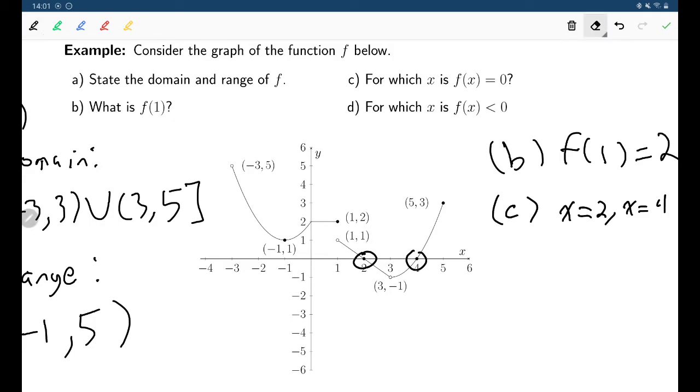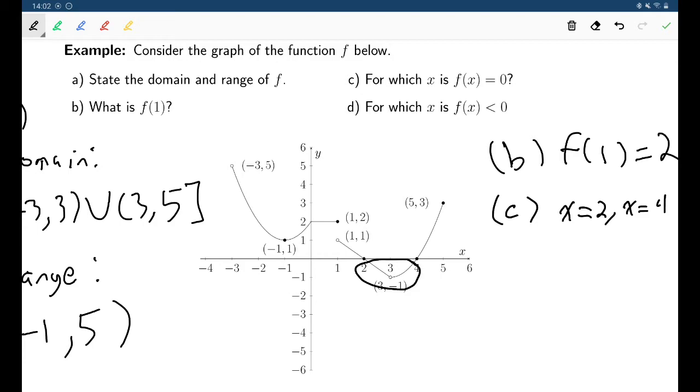We also want to know what are the x values that make f of x less than 0. And so that would be where are our y values negative. And our y values are negative in this region of our graph here. Our y values are negative between 2 and 4, not including the 2, because at 2 the y value is not negative, the y value is 0.